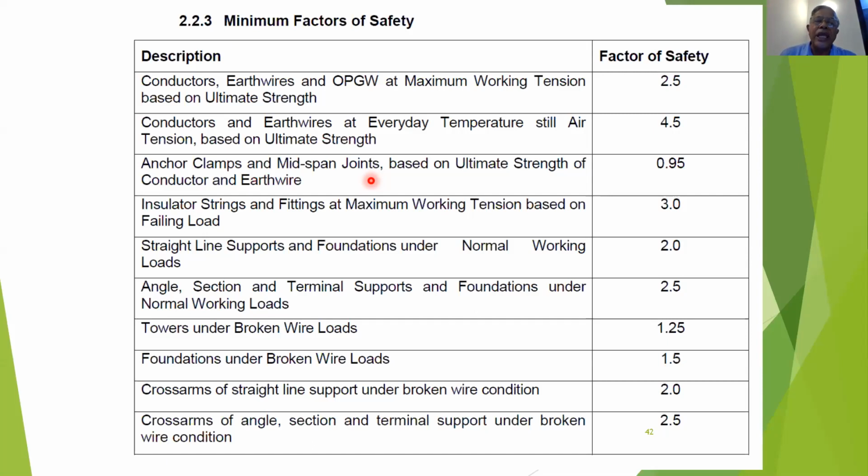If the drum is 2 kilometers, for each 2 kilometers you have to have a mid-span joint. So the mid-span joint ultimate strength should be the conductor or earth wire ultimate strength times 0.95. So 95% of the ultimate strength of whatever the conductor is, the mid-span joint is used.